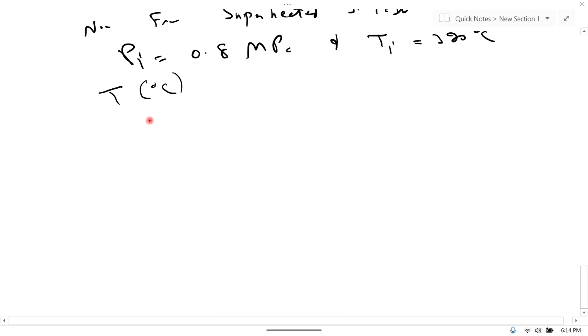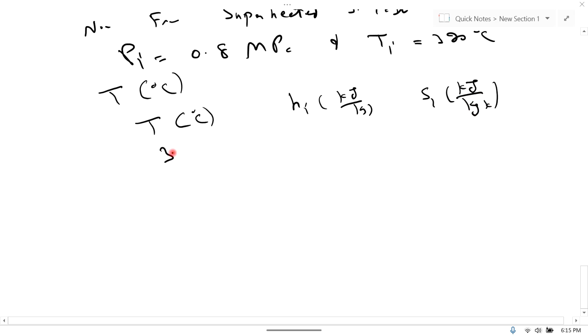Temperature is in degrees centigrade, H1 dash in kilojoule per kg and S1 dash in kilojoule per kilogram per Kelvin. We have to find the value at 320 degrees centigrade.